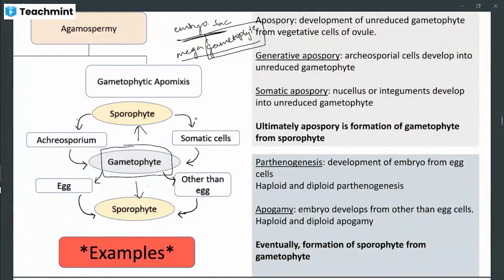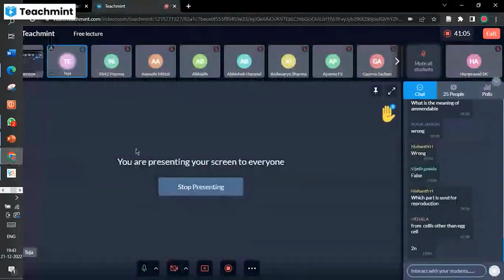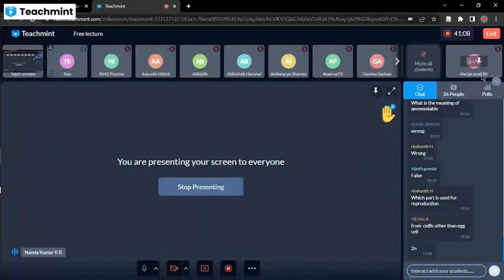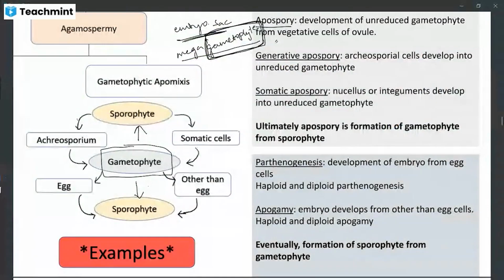So I am telling that apospory is ultimately the formation of the gametophyte. Meiosis is not involved. No, I'm just asking whether it is the right statement to make or not. Apospory is a mechanism that ultimately results in the formation of the gametophyte. Is it right or wrong?